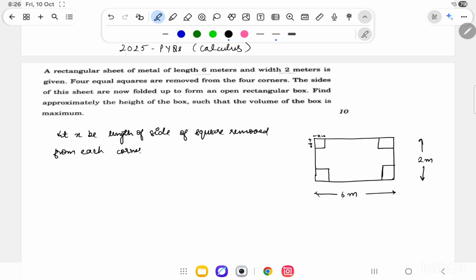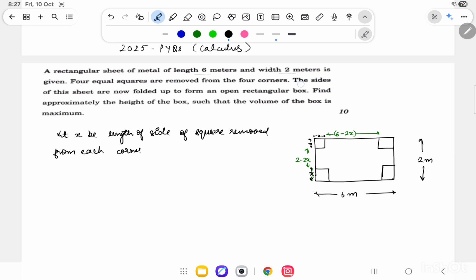So if I calculate the length of the remaining sheet, it will be 6 minus 2x, and its width will be 2 minus 2x, because this length is x, this length is x, and this whole length is 2. So 2 minus x minus x, we got 2 minus 2x. Likewise, length we got as 6 minus 2x.